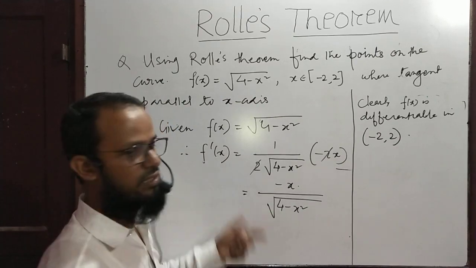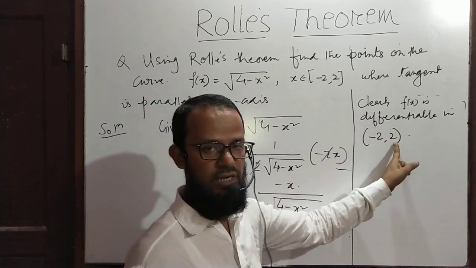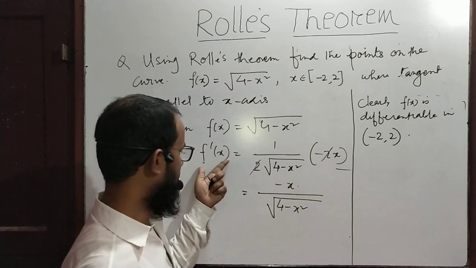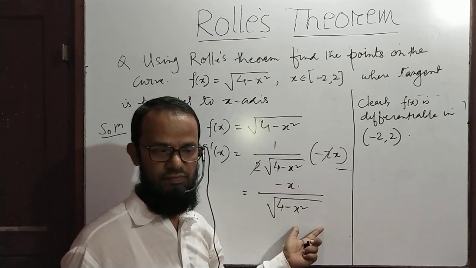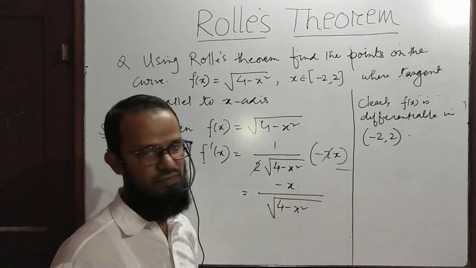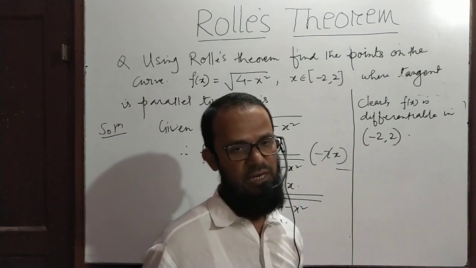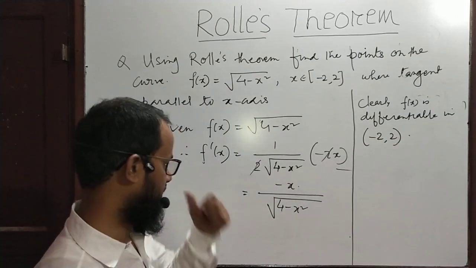But for all other points between minus 2 and 2, you will get f dash x a unique value. So you can say that the function is differentiable within this open interval, except at minus 2 and 2.